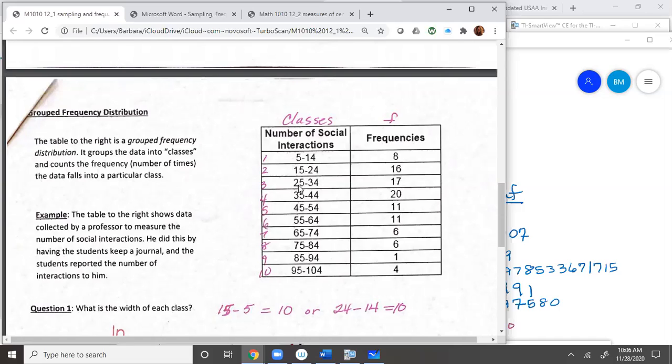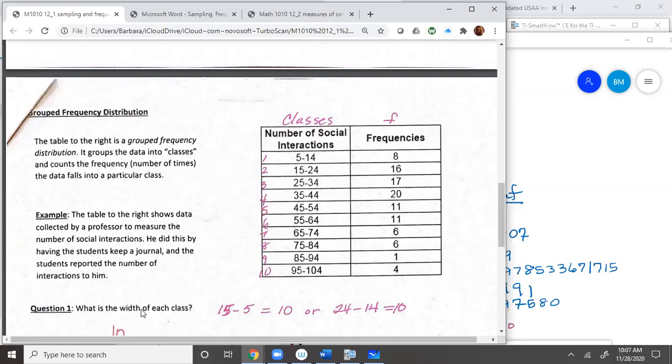If you recall, we take the lower limit for each class. So let's take the first two here. 15 minus 5 is equal to 10. We can also take the upper limit. 24 minus 14 equals 10. And that should be consistent for each class.